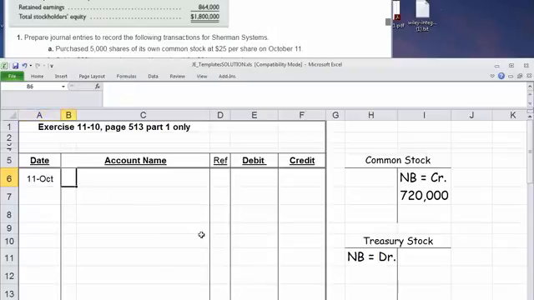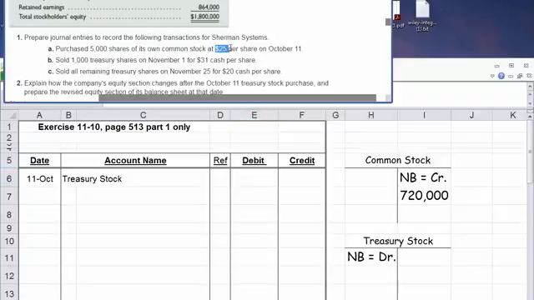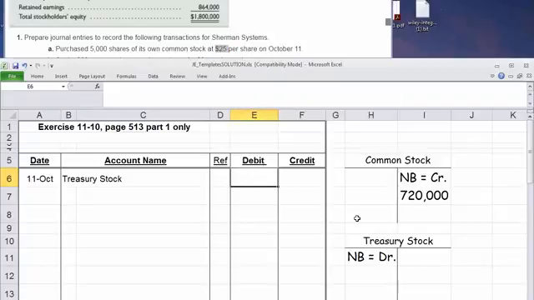And our first entry will be a debit to Treasury stock because the normal balance of Treasury stock is debit. And it is a contra equity account, permanent in nature. So we normally use the cost method. Since we are purchasing 5,000 shares of our own shares back, the price that we actually paid was $25. 25 times the 5,000 shares, we paid a grand total of 125,000.